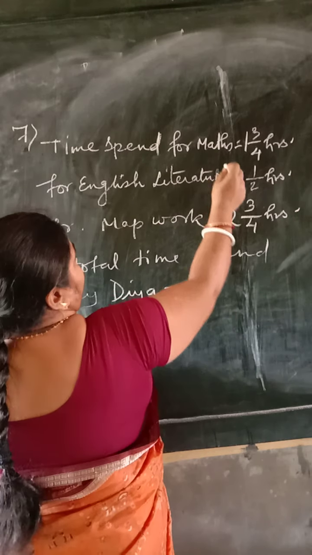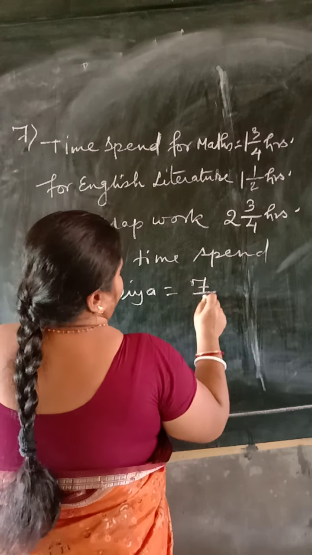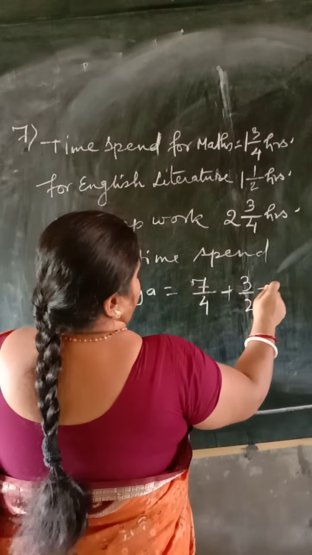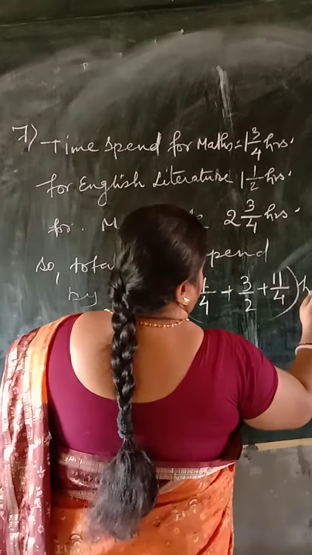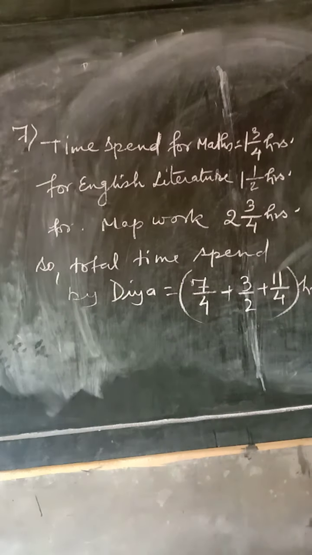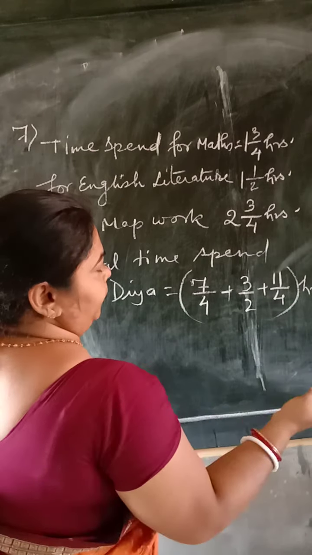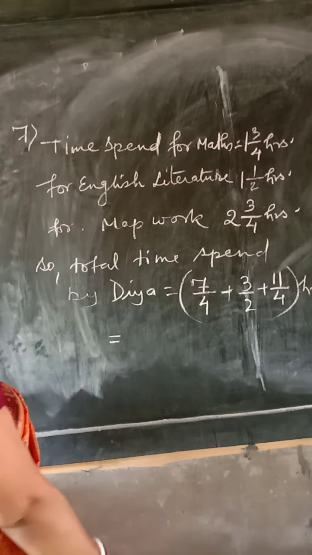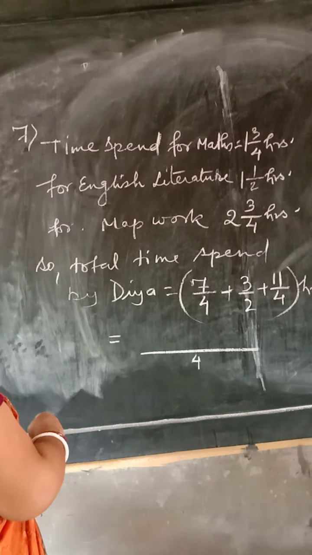Okay, 1 whole 3/4, 1 whole 1/2, so this will be 7/4 plus 3/2 plus 11/4 hours. Now you are free, you can see there I have used integral and fraction parts together. Here I am converting the numbers into improper fraction and adding. So you are allowed to use any process.